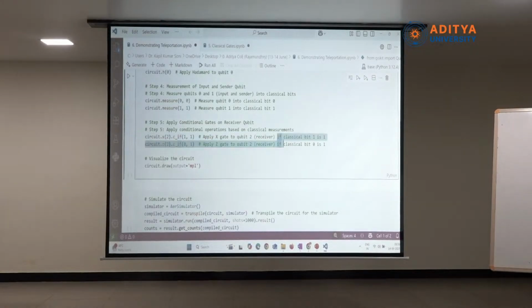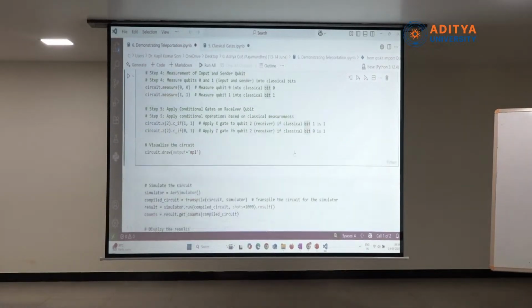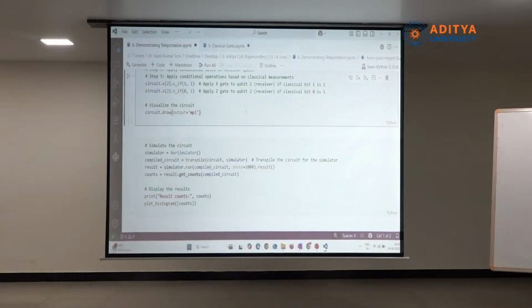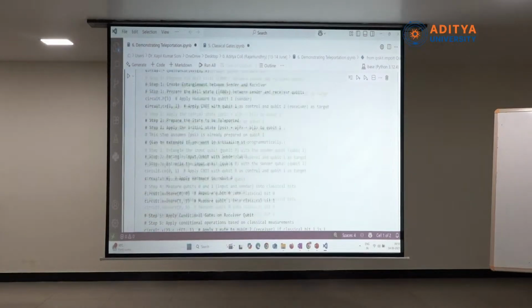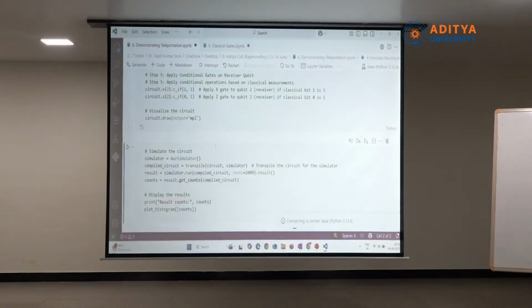When to apply? If the classical bit 1 is already 1, then we have to apply the X gate. Similarly, if the classical bit is 0, then we need to apply it as 1. So when you draw this circuit, okay, this is the single cell, run this code.